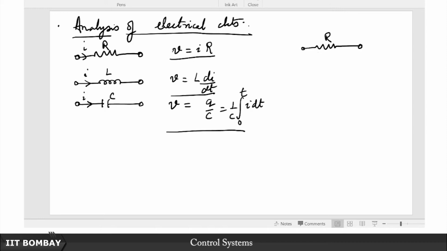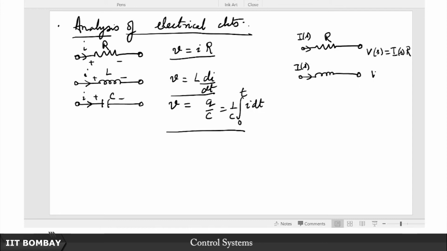So this relation, if you take the Laplace transform on both sides, you will see it quite simply turns out to be I of s times R, right. No fuss about this, this is just a constant. Similarly, of course let me mark out the polarities here. So similarly, if you take the inductor here, right, what is the relation?